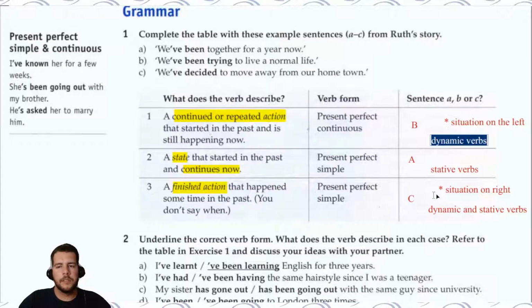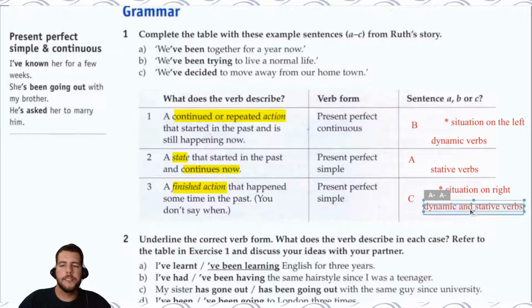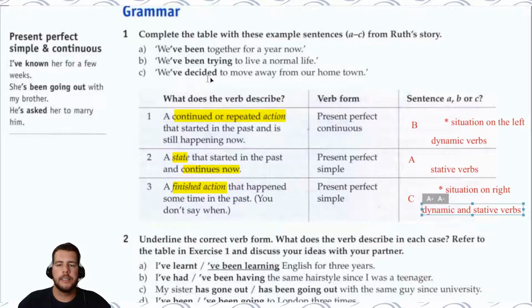For this, use stative verbs only. And for this use, we commonly have dynamic and stative verbs. In this case, let us see, we've decided. Decide is a stative, but it could also have this sentence with a dynamic verb. For example, I've painted. Yeah.